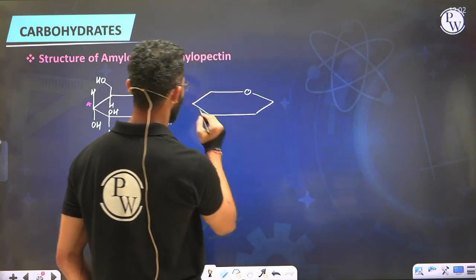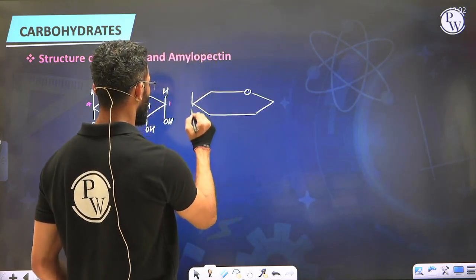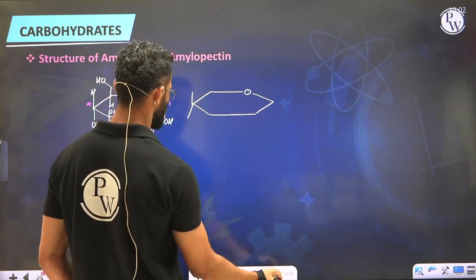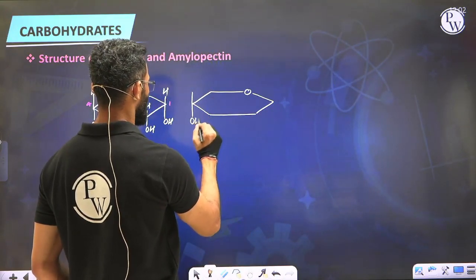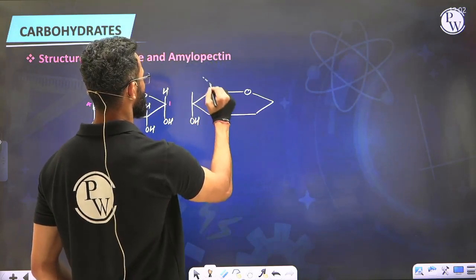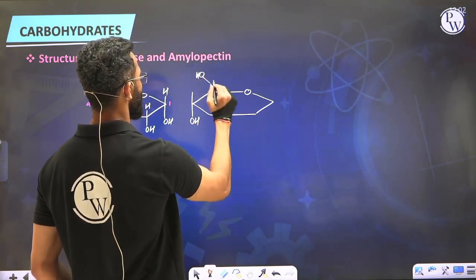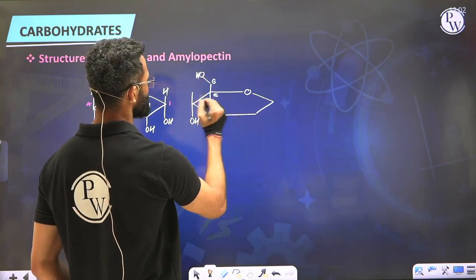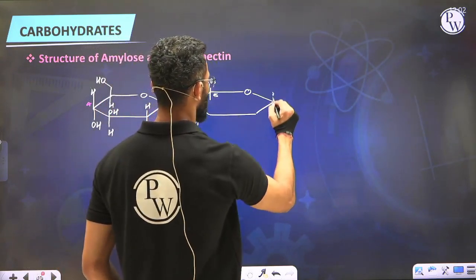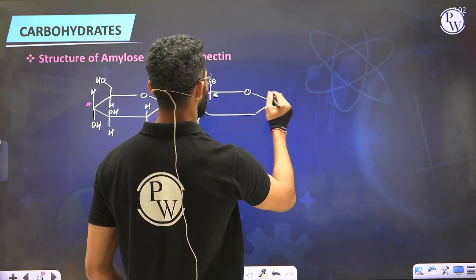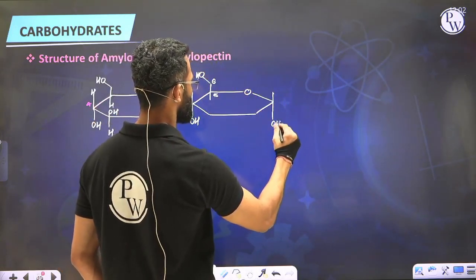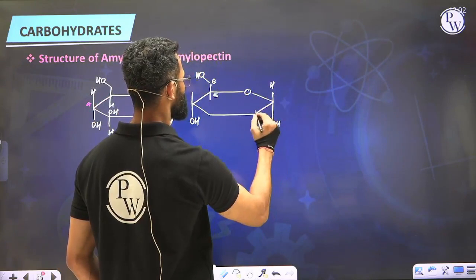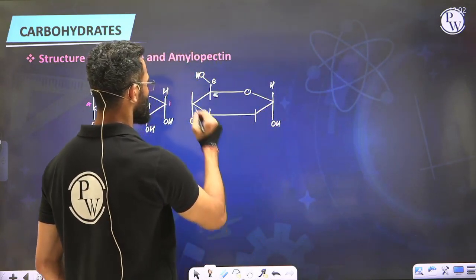Second unit. Sixth carbon. Fifth carbon. First carbon. Again alpha, meaning CH2OH and OH pointing downward. First, second, third, fourth, fifth.